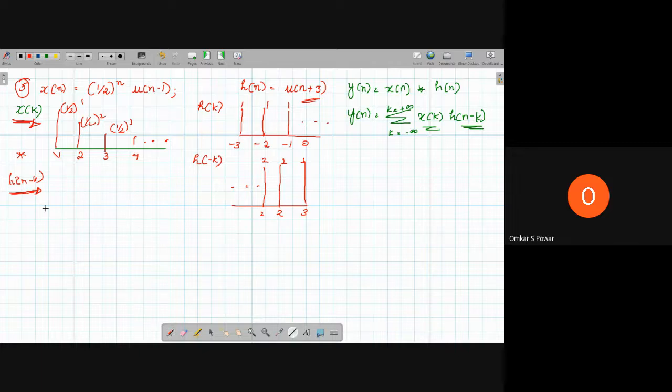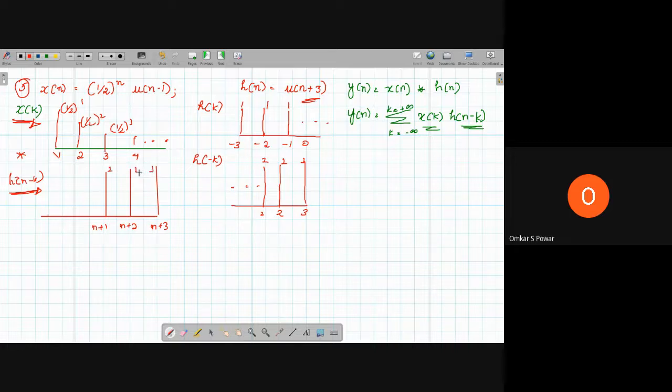Okay. Same thing, you're adding n at the bottom, that's it. Okay. So this is n plus 3, this is n plus 2, so this is n plus 1, and the magnitude is 1 here.